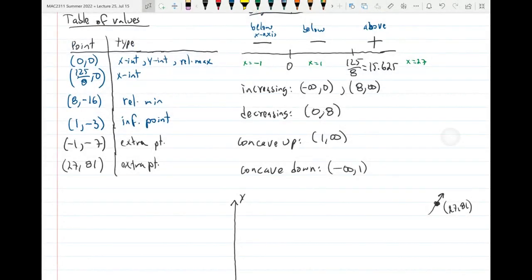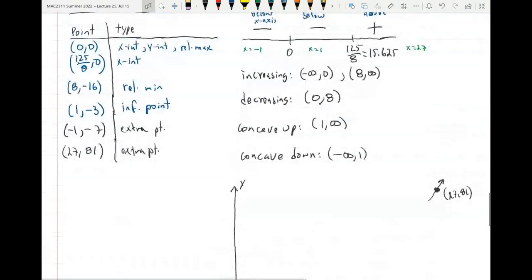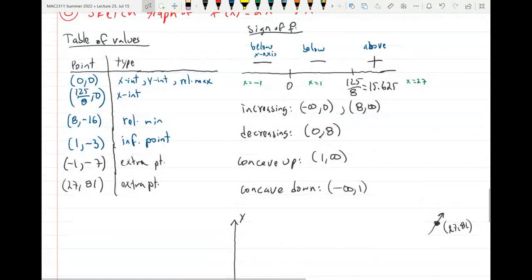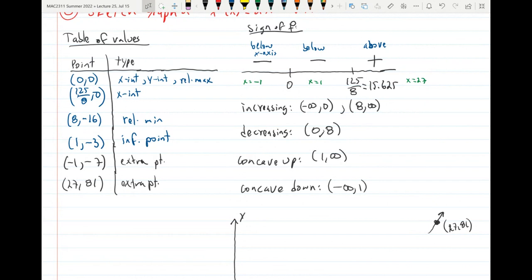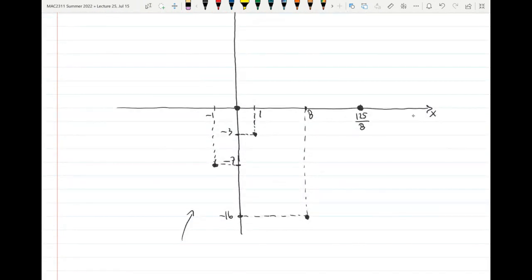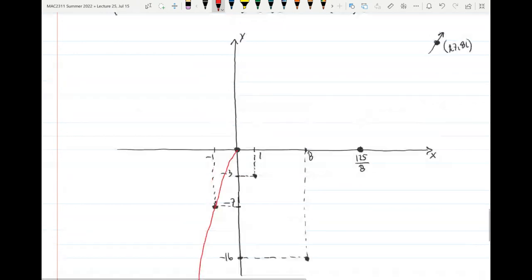Then let's see, what do we do? It's going to be increasing from -infinity to 0, and we need to go from -infinity to 0. We do that in a concave down way because it's concave down from -infinity to 1. Okay, so I'm going to come in a concave down way and do this. Okay, so it's doing that.